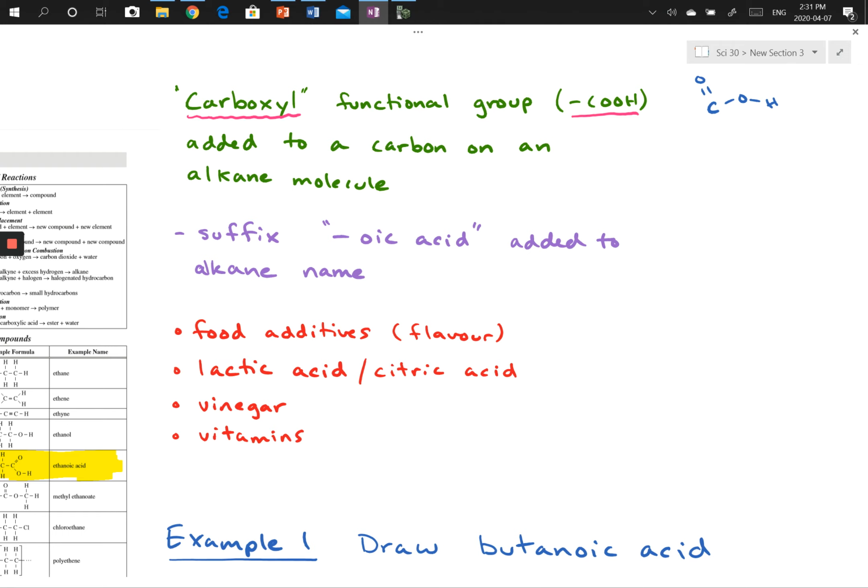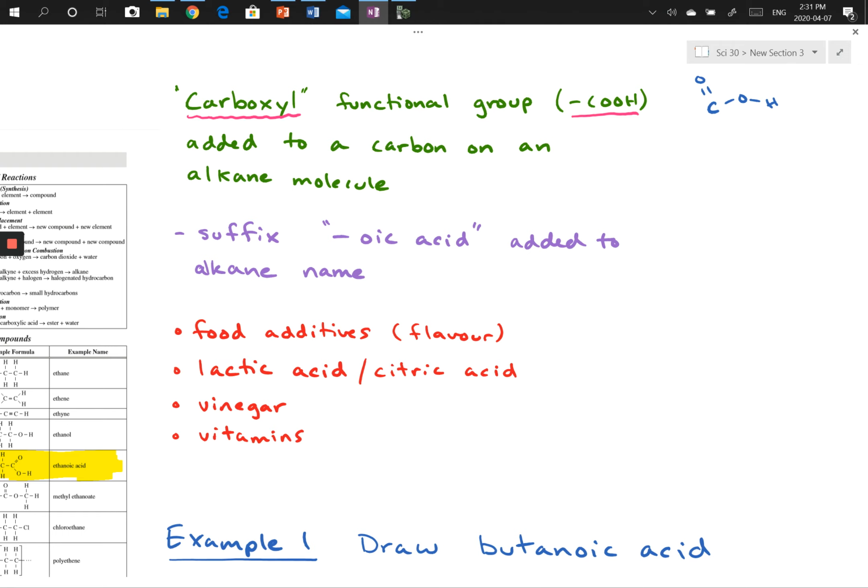For example, vinegar is an example of a carboxylic acid, and its formula is CH3COOH. So we see this COOH on the end of that. That tells us it's an organic acid with this carboxyl functional group, which gives it its acidic properties.